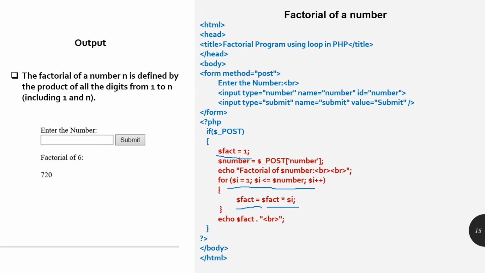Similarly that will keep on executing till this particular limit, that is equal to that particular number, because 1 and that number should be included. Finally that will print the multiplied value. For example, if you take 6 as the number, you will get 720. Factorial of 6, 720 you will get. This is an example of factorial.